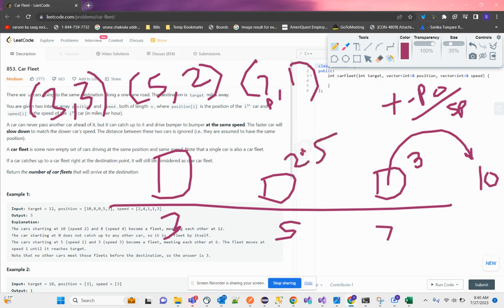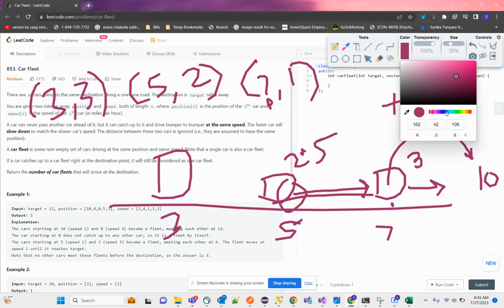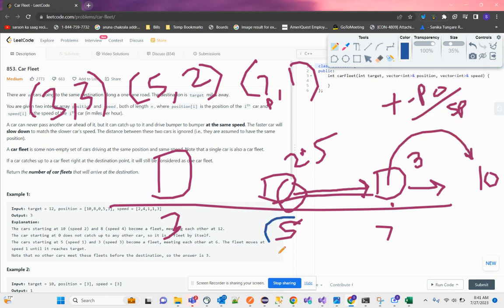Now you see over here, this car is moving at speed of 2 and 7 is moving at speed of 1, so somewhere down the lane, this car is going to intersect with the seventh car. At some point of time, the fifth position is going to intersect with the seventh position.